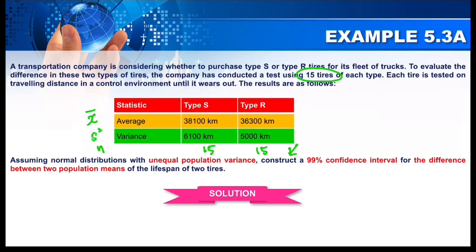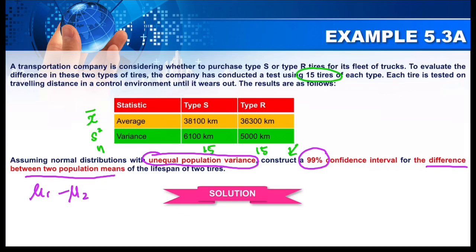Assuming normal distribution with unequal population variance. One more piece of information here: construct a 99% confidence interval for the difference between two population means, mu1 minus mu2, of the lifespan of two tires. So based on the equation, extract all the information.